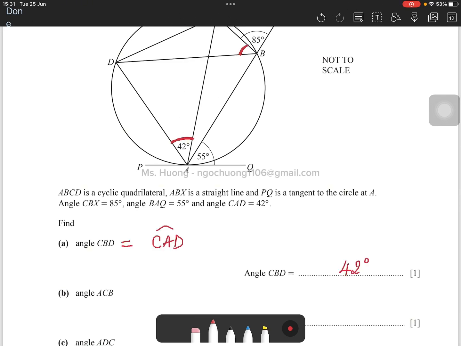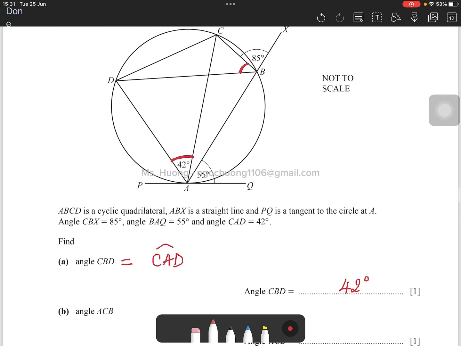Question B. Angle ACB. ACB is this angle. ACB is subtended by the chord AB.